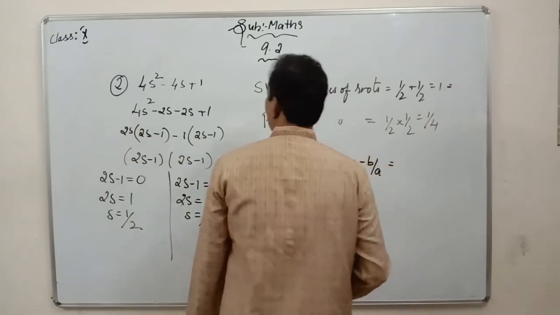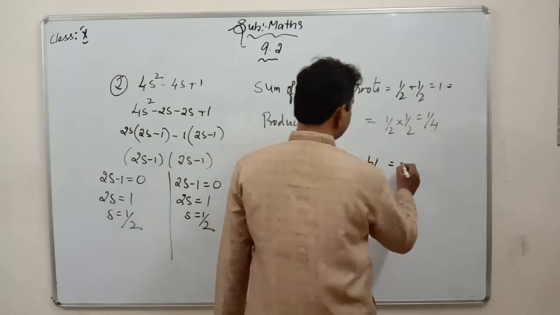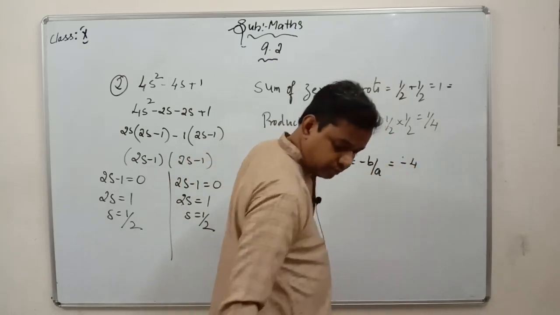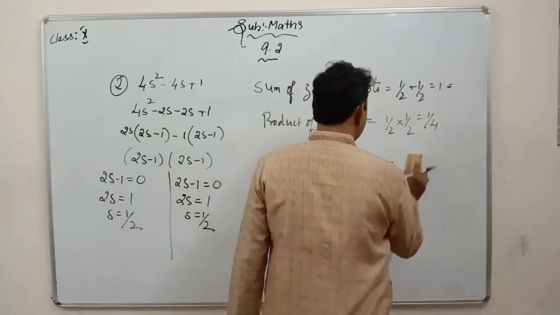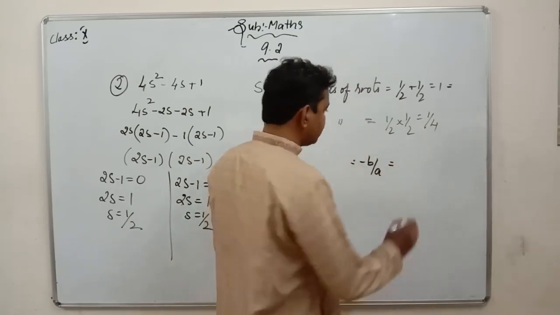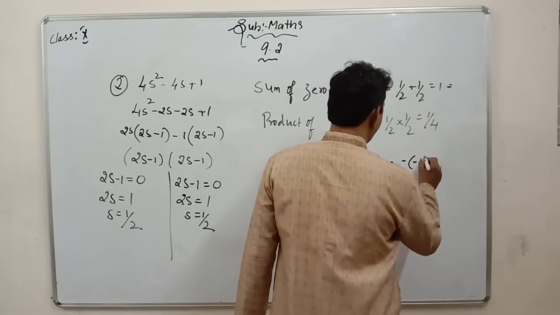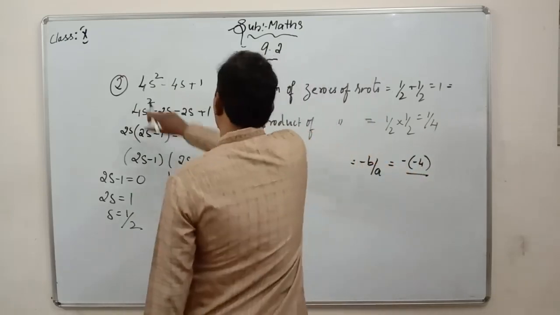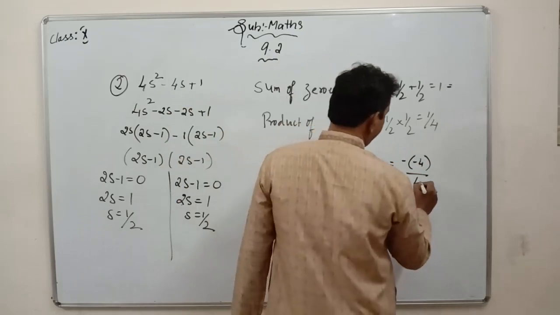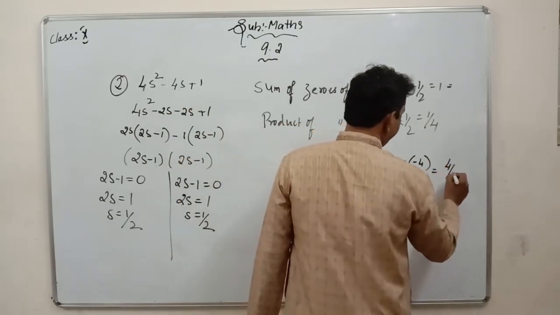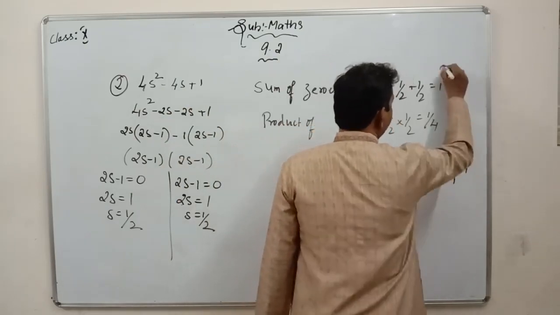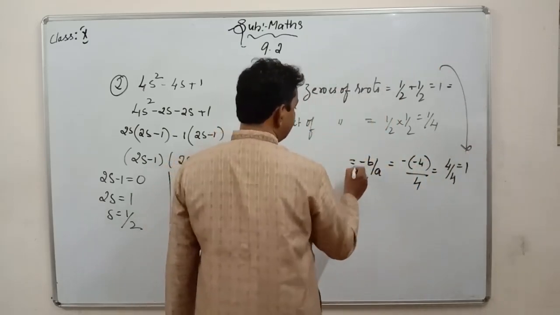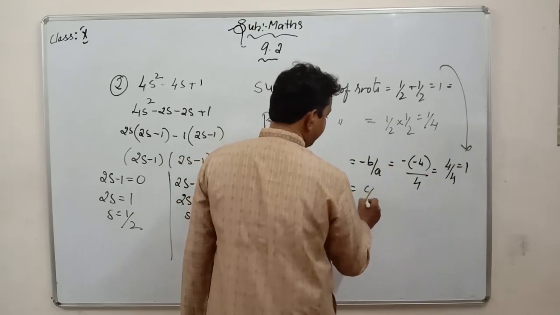so what is minus b? You already have minus also, so minus of minus 4, and what is a? A we have 4, so this is 4 by 4, this is 1, you are getting the same thing 1 here, and product of the roots, that is nothing but c by a.